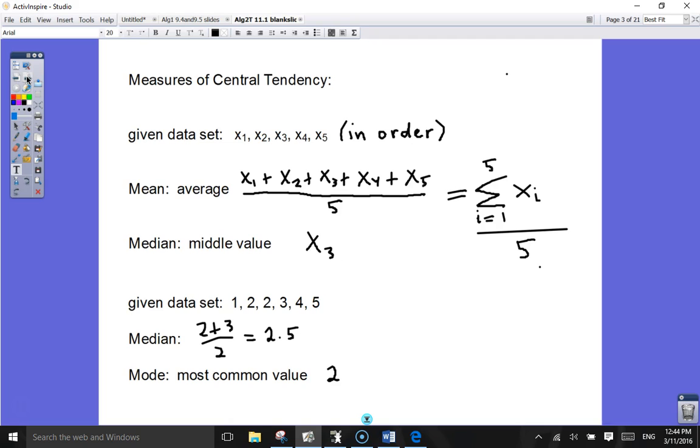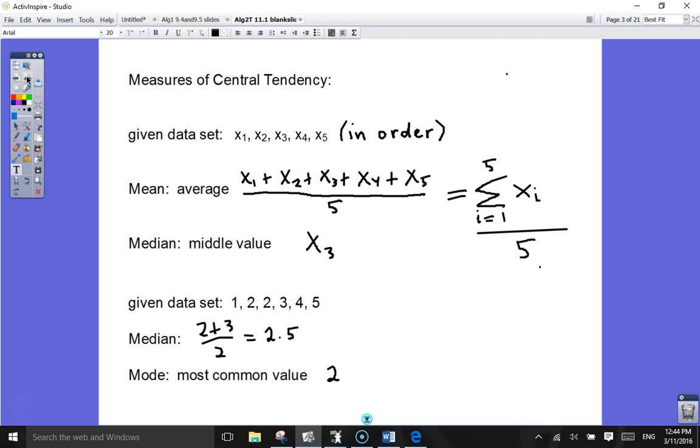Now, if I put some numbers to this, like given a data set 1, 2, 2, 3, 4, 5, the median, when I throw out the high and the low, 1 and 5, throw out the high and the low, 2 and 4, I actually don't have one number in the middle, I have 2. So how do I do the median? You take the average, right? You take the mean of the middle 2 numbers, 2 plus 3 over 2.